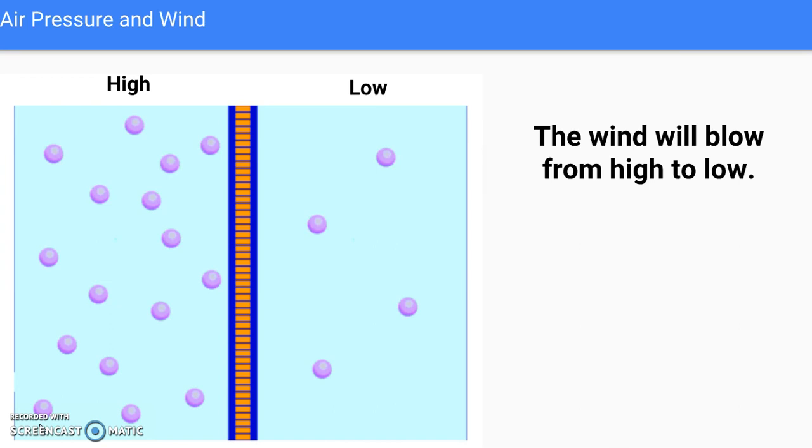That means that wind is caused when those molecules move from a higher pressure area to a lower pressure area. So if you can imagine those circles and dots representing molecules wanting to move to the right-hand side where there's more space. They want to spread out. And when they move from high to low area, they cause wind.